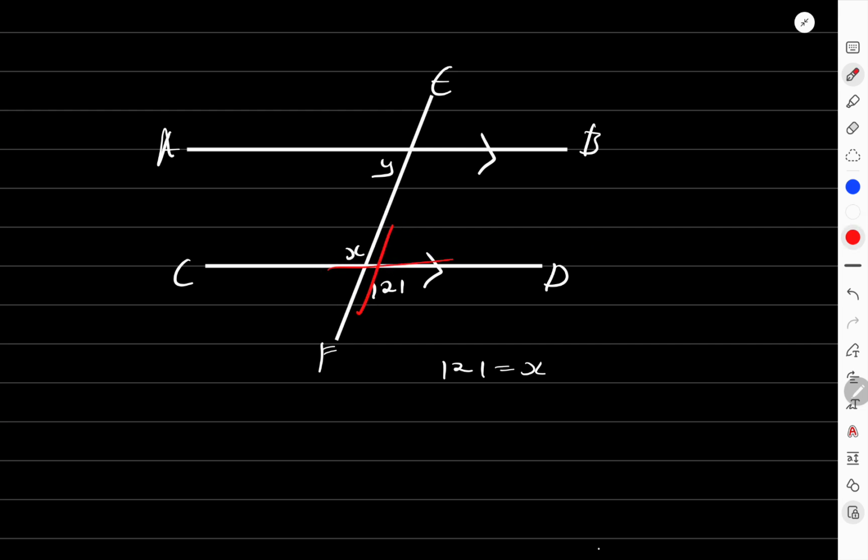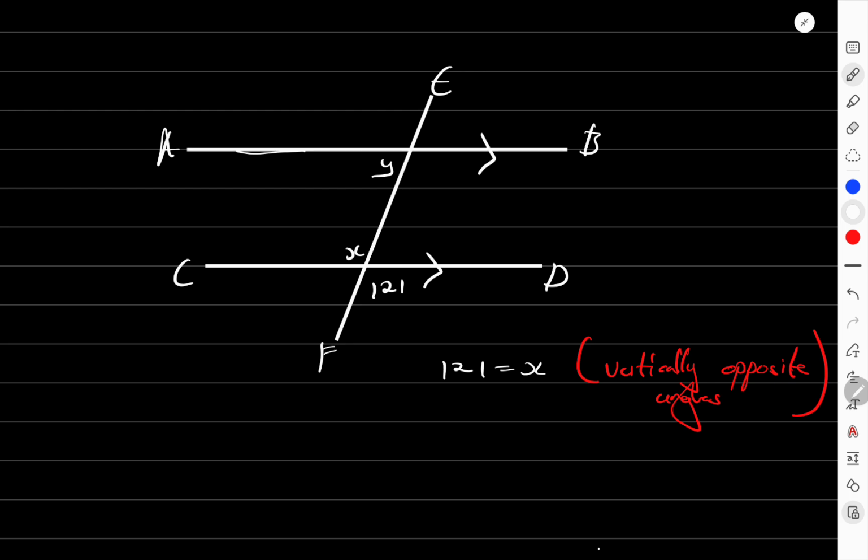I have X here, I have 121. The reason is going to be vertically opposite angles. Now, since it is vertically opposite angles, I now know the value of X, which is 121 degrees.